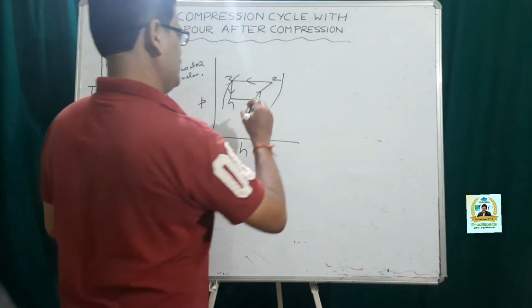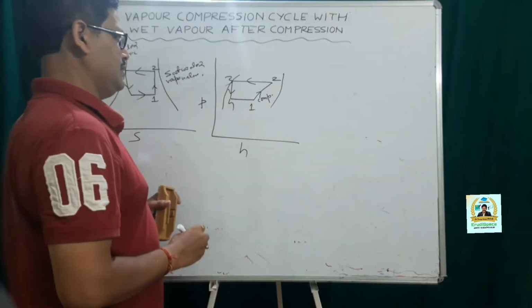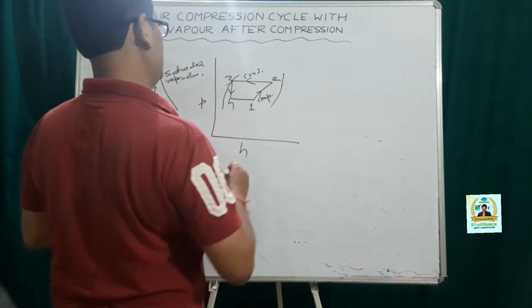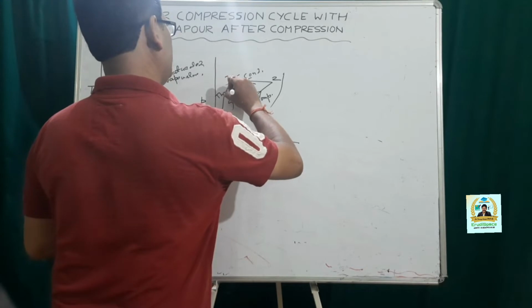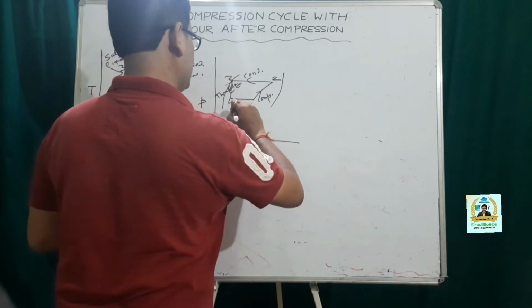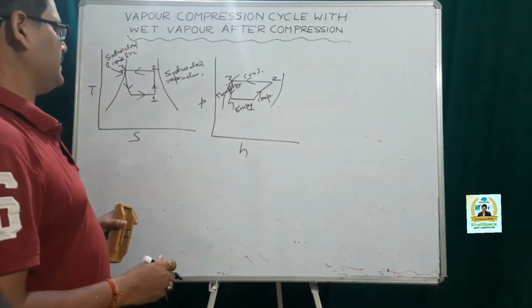This is the compression process. This is the condensation process. This is the throttling process. And this one is your evaporation or refrigeration process.